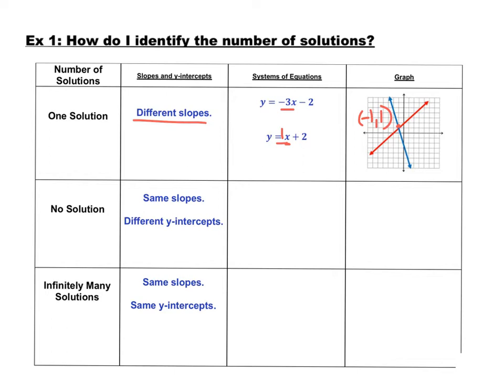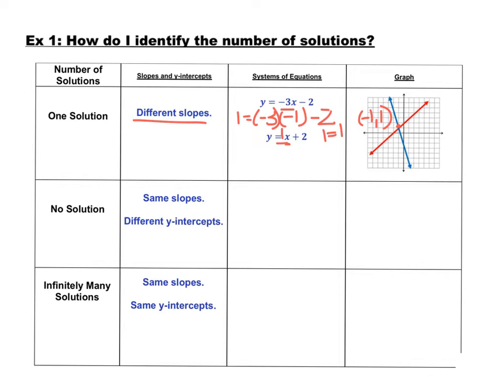If I plug in x is negative 1 and y is 1, we'd have 1 is equal to negative 3 times negative 1 minus 2. Negative 3 times negative 1 is positive 3. Is 3 minus 2 equal to 1? Yes, 1 is equal to 1. And so we know it works for that one.